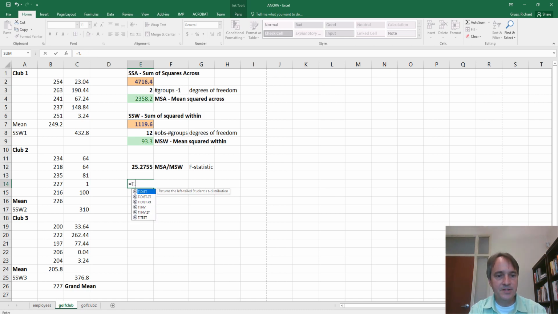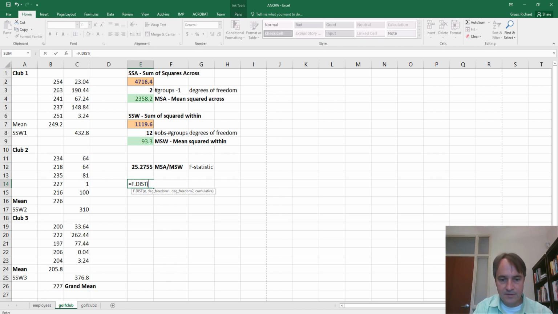Now with this, as you can guess, it's going to be something similar. It's going to be f dot dist. So this gives you the probability given the value of that F that you put in there.